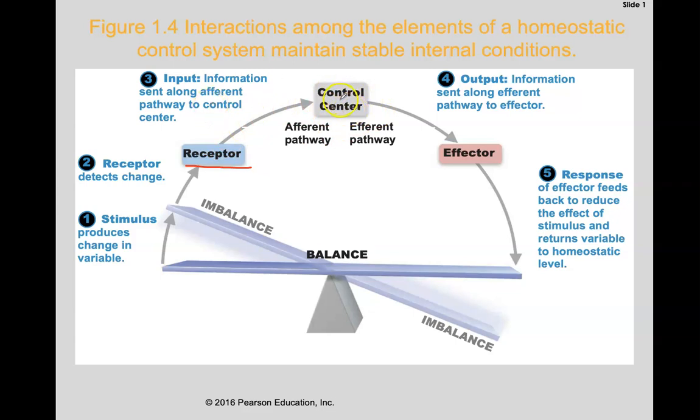That control center is then going to send output information to the effector, and the effector will then, in a negative feedback situation, reduce the effect of that initial stimulus and bring us back to homeostasis, okay? So this example right here is negative feedback.